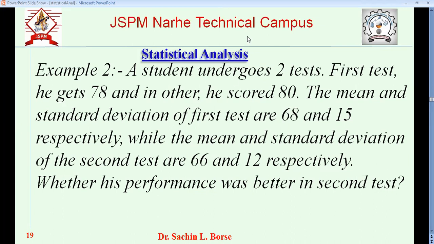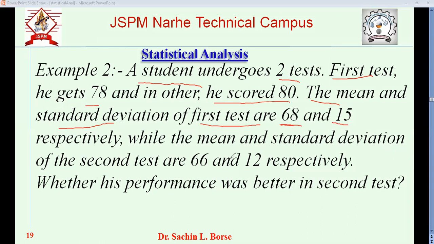So I will just read the problem. A student undergoes 2 tests. In the first test, he gets 78 marks, and in the second test, he gets 80 marks. The mean of the first test was 68 marks, and the standard deviation was 15.